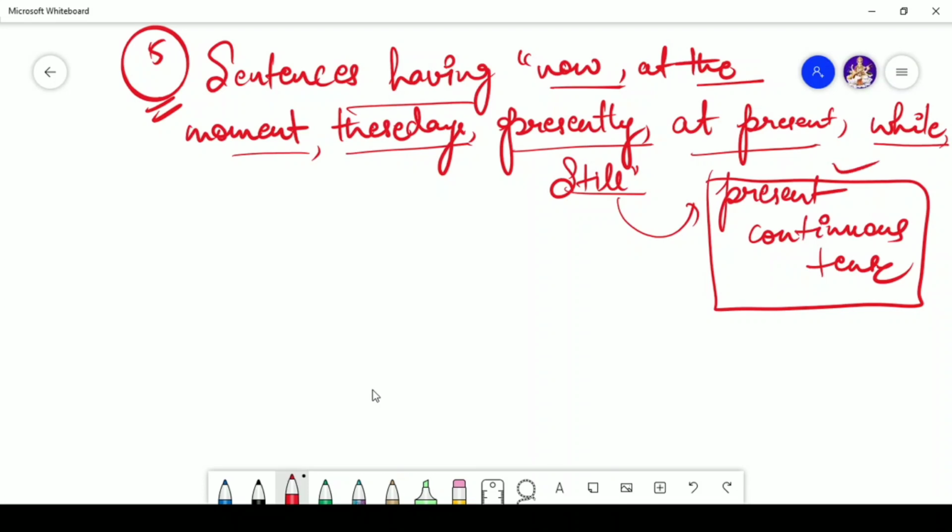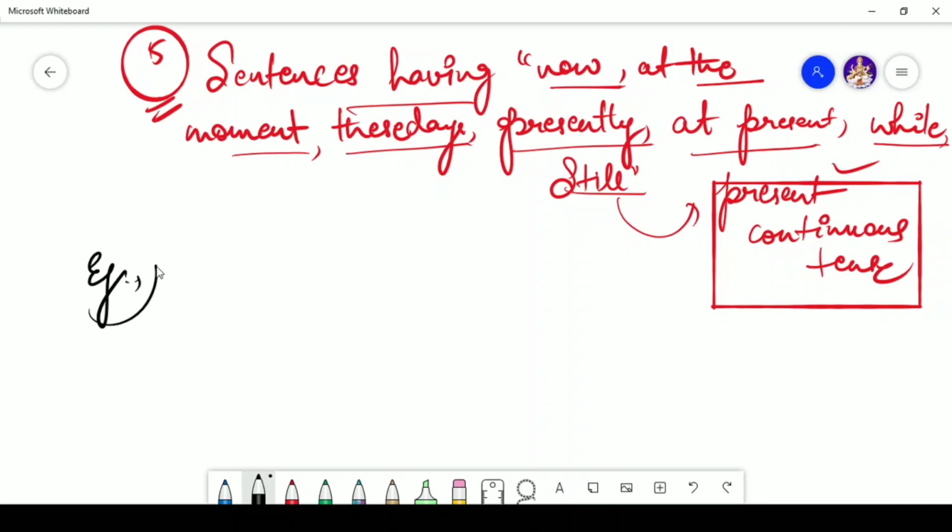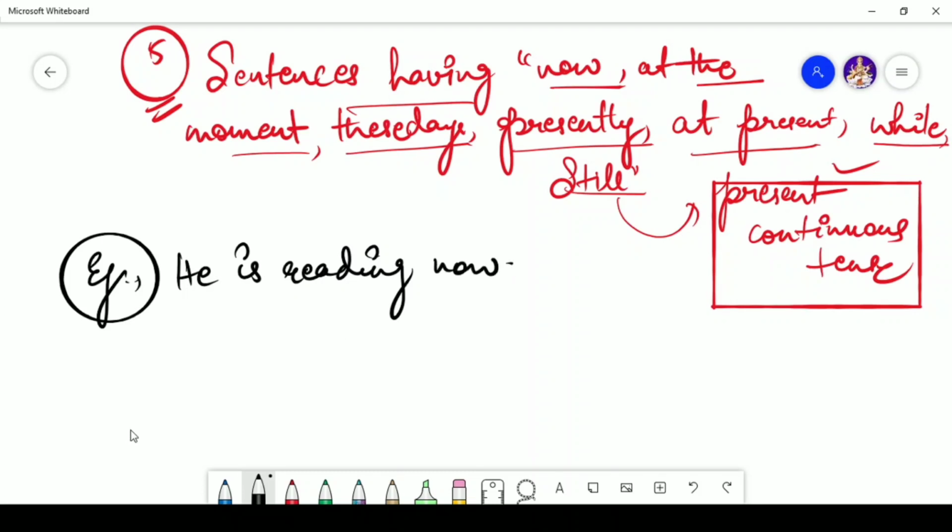Okay, let's say for example, he is reading now. Okay, so let's say this sentence is given to you in the form of a question. Now what they have done is that they are asking you: he blank or dash read now. Okay, so the sentence makes use of now.